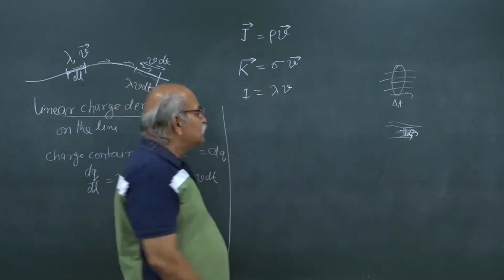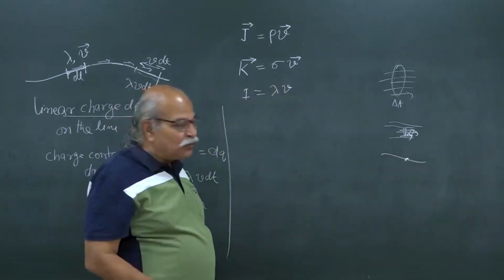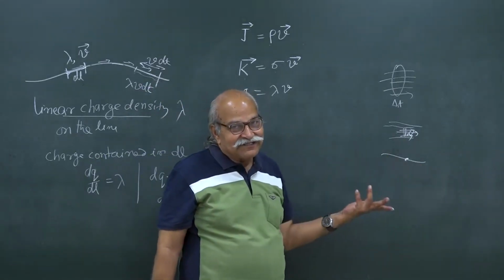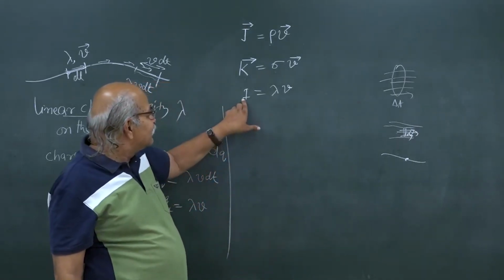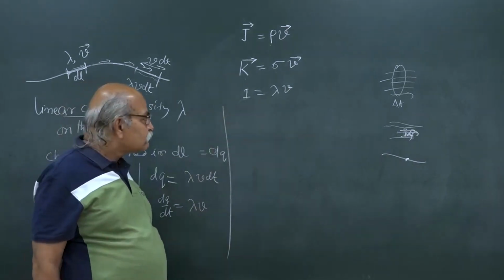But now here you only have a point, so I cannot divide by anything. How much charge is going from this side to that side per unit time, that is the current, that is it. Therefore, we do not define any linear current density, it is current itself through that point.